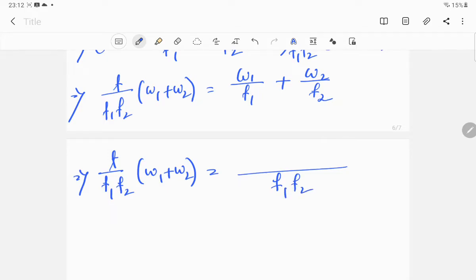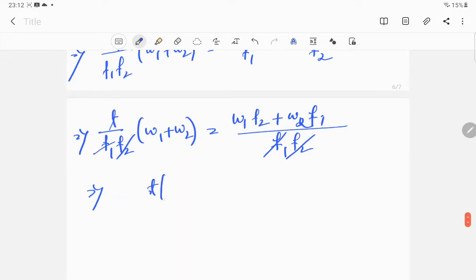Here I am taking the LCM, so it is omega 1 f2 plus omega 2 f1. So f1 f2 on both sides are common. So what remains? t into omega 1 plus omega 2 is equal to omega 1 f2 plus omega 2 f1.